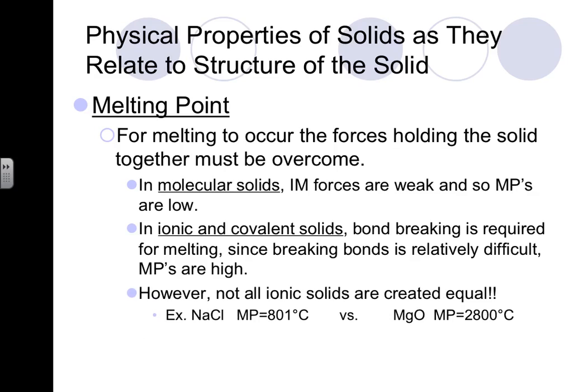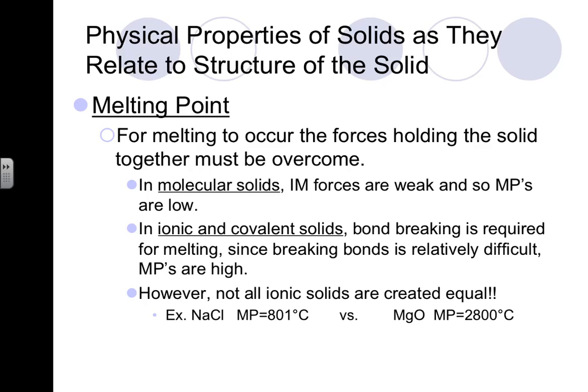The issue, though, is that I'm giving you a very, very basic trend, but when you look closer, as you can see in this example at the bottom, sodium chloride and magnesium oxide are both ionic solids, and yet the magnesium oxide has a staggeringly higher melting point than salt.